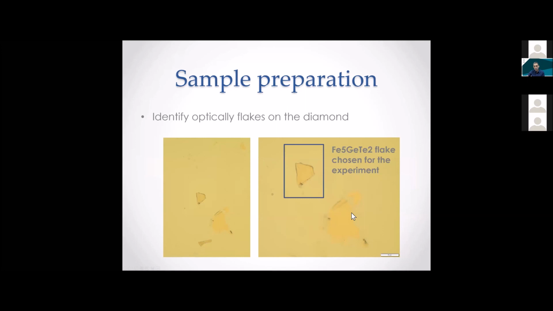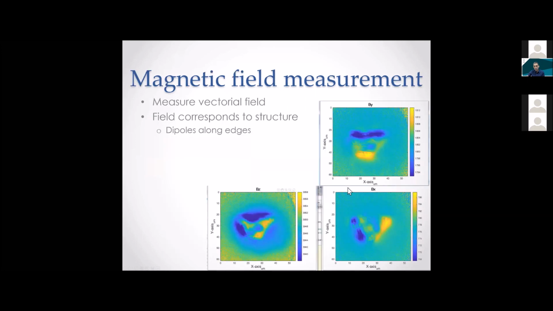And then placing them in the microscope, similarly to what I've been describing before, we can measure the stray magnetic field vectorially to extract the magnetization information. And here we can see this stray field measurement, and we can see how we can essentially depict the magnetization in this flake through a triangular dipole shape in the magnetization.